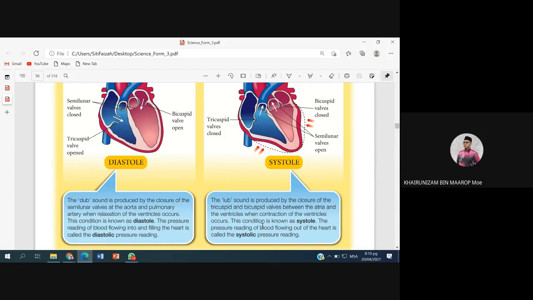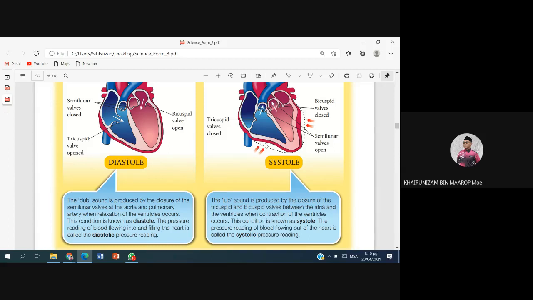When contraction of the ventricles occurs, the tricuspid and bicuspid valves close, and the ventricles contract, producing the lip sound. This condition is known as systole. The pressure reading of blood flowing out of the heart is called the systolic pressure reading.